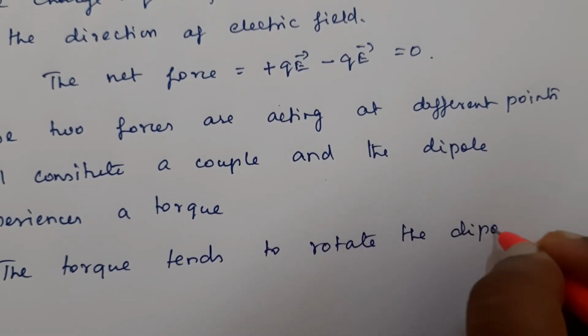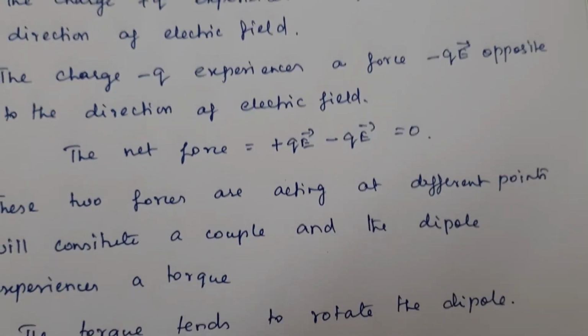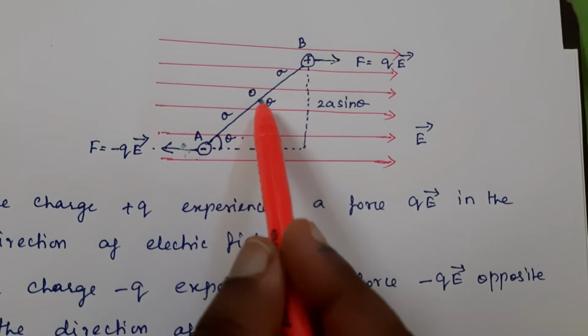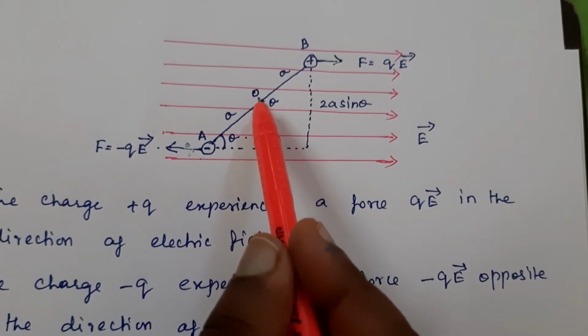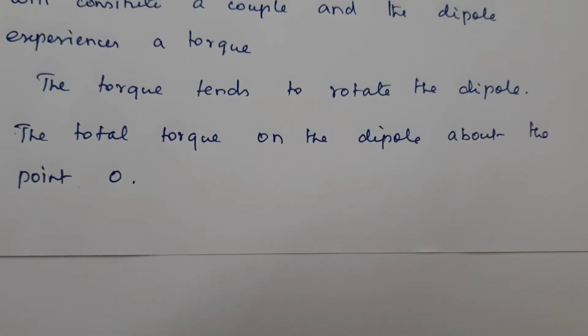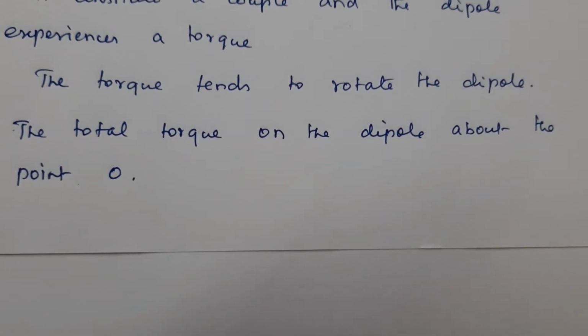Now we have to find out the total torque on the dipole about the point O. O is the midpoint of the dipole.